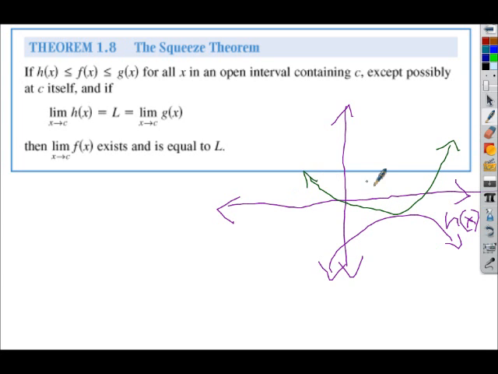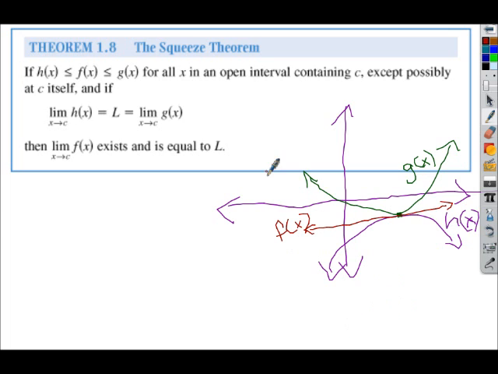Those should be touching. Ignore the fact that they are not touching because they are supposed to be touching. So they share this point. And then f of x is somewhere in between, so, well, let's make it a different color. About red. So that would be f of x.